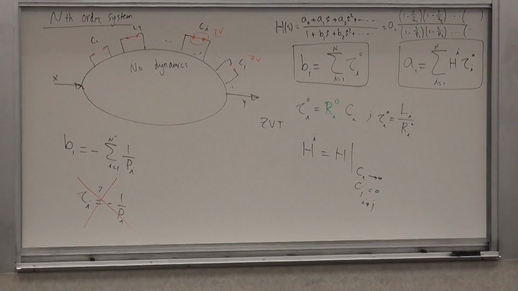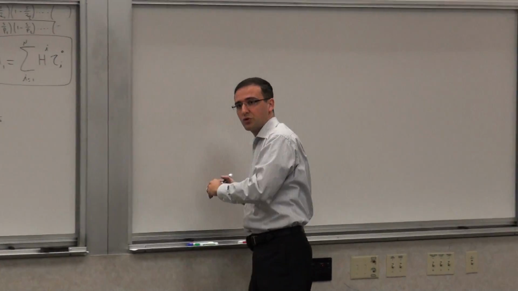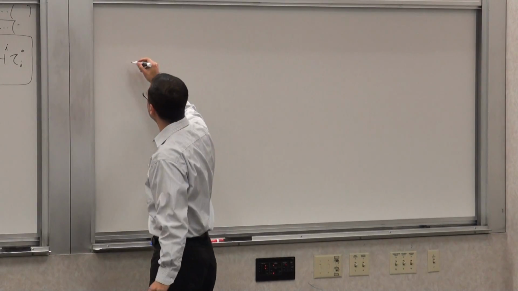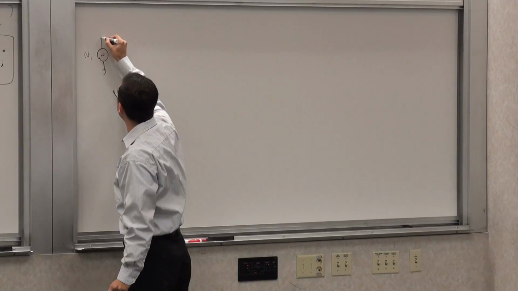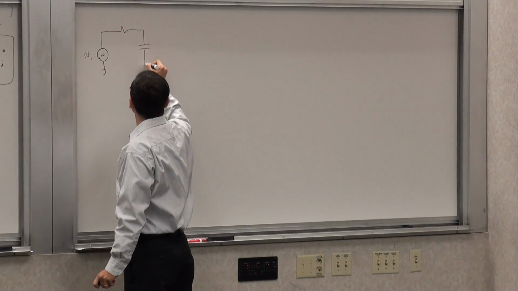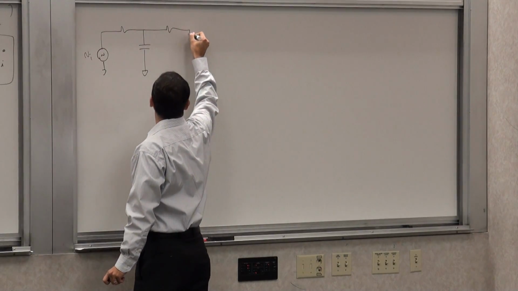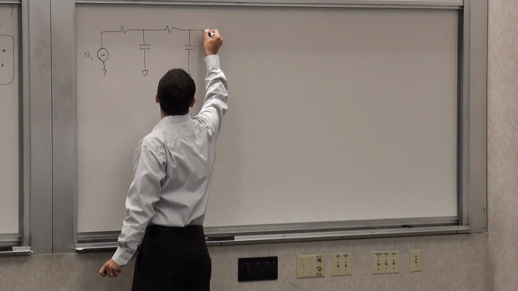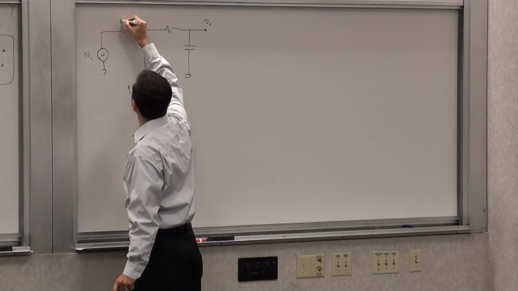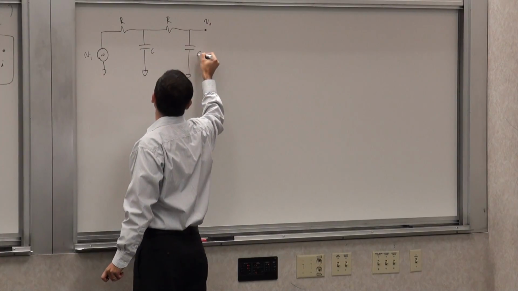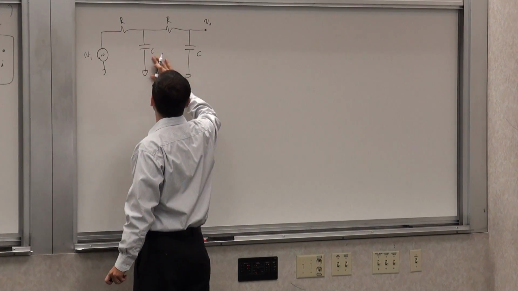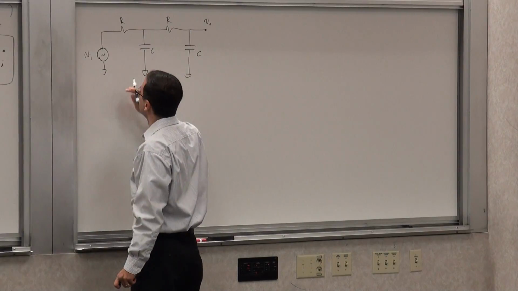I'm going to make a very simple example, but this is a good example because it also shows you how these things are applied. So let's say you have an input voltage source, VI, and a system like this. Let's say this is R. Well, let's say they are the same capacitance, but let's index them C, this is the first one, this is the second.